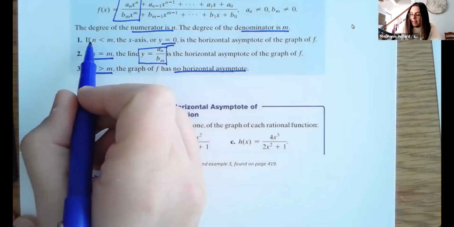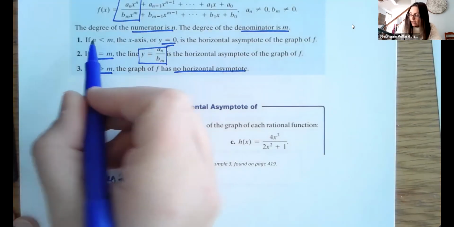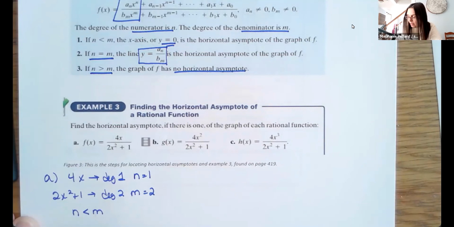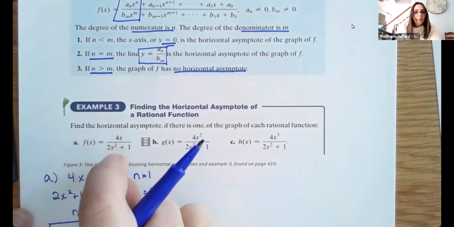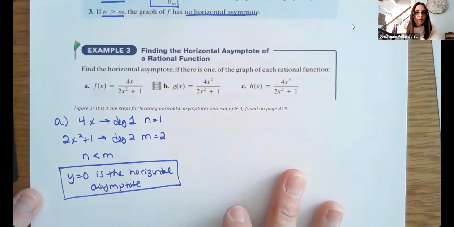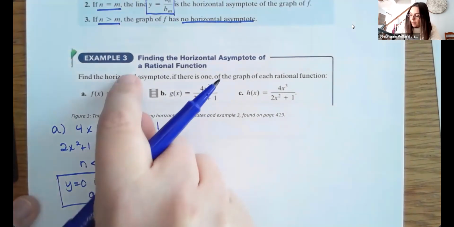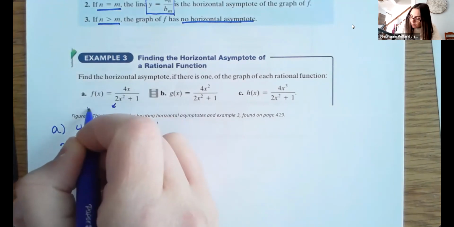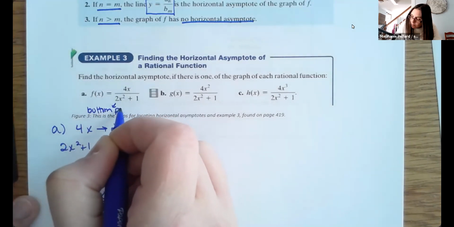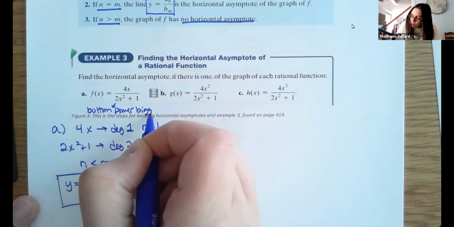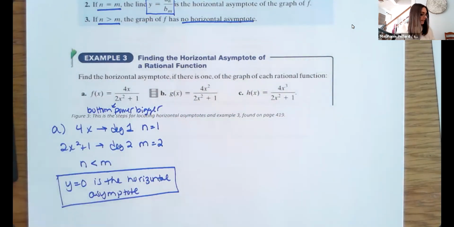So when that happens, y equals 0 is the horizontal asymptote. So when your bottom power is bigger, you always have a horizontal asymptote at 0.